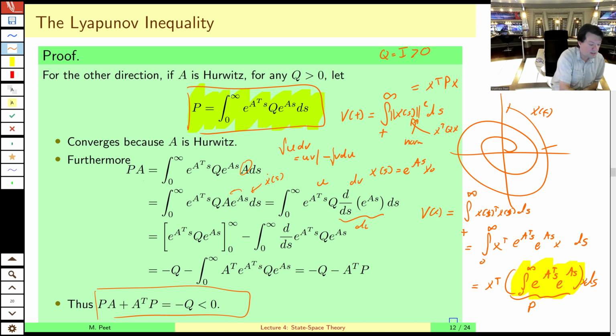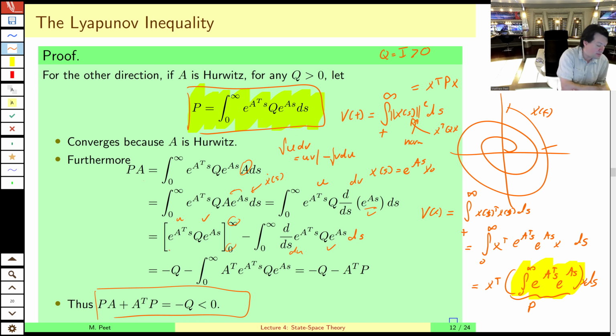This is dv, this is u. I already did that. And so we apply that. This is now u, this is v. So obviously v is just this part. And so at the boundary 0 and infinity, minus the integral of v du, and so this is du, and this is v, and missing a ds there.